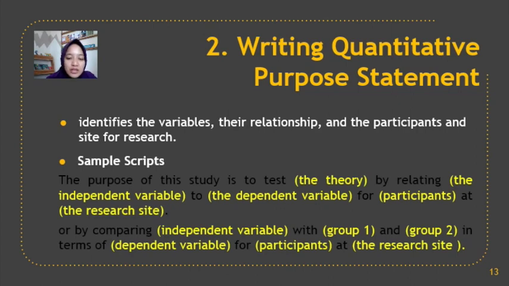The purpose of this study is to test, we mention the theory, then by relating, we mention the independent variable, and to the dependent variable for the participants, and at the research site. So I like this book because it gives us the script example, and it can help us to fill it in based on our research or study.